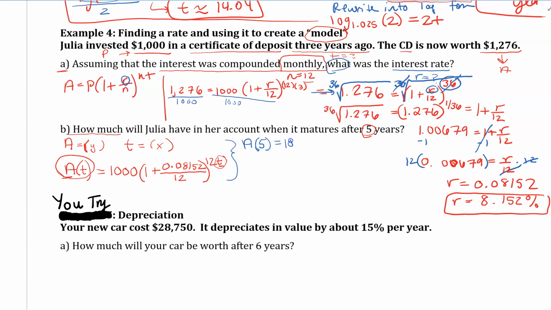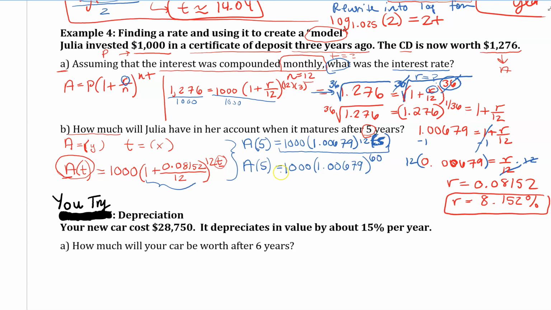And so that's 1,000. And let's go ahead and figure out what this would be as a decimal. So it's 1.00679 to the power of 12 times 5. And then we just need to plug all of that in our calculator. So the amount after 5 years is equal to, maybe I'll simplify one last thing, 1,000 times 1.00679 to the power of 60.